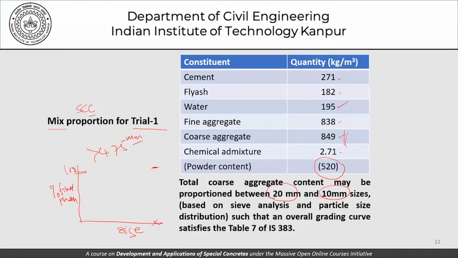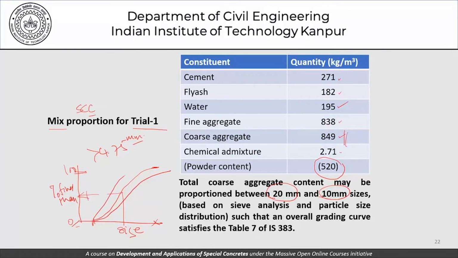Also, there will be a size here where you will find nothing is finer than this value. So whatever happens here, for every size, we need to have a certain value for percentage finer than. And these values are often given to us in a code by way of a distribution.